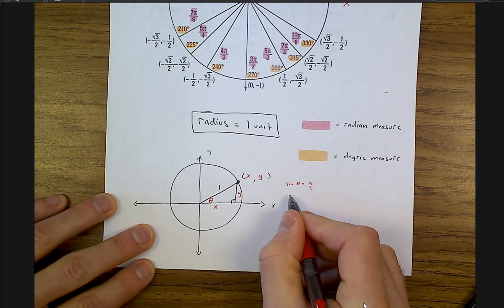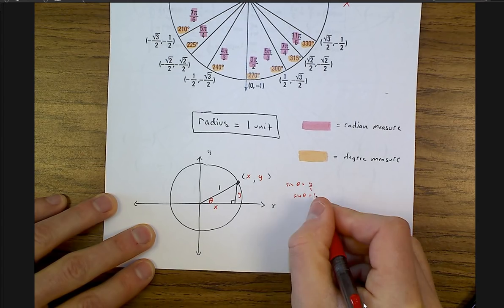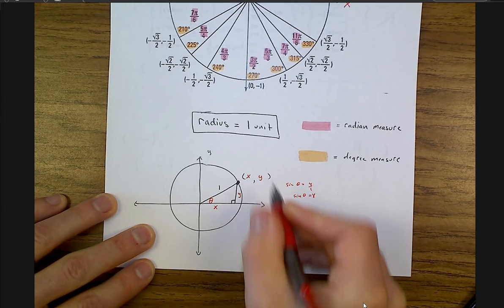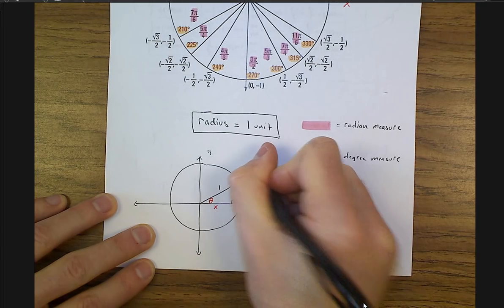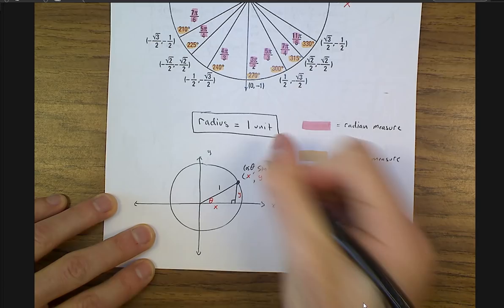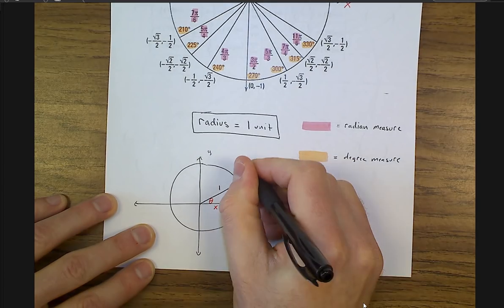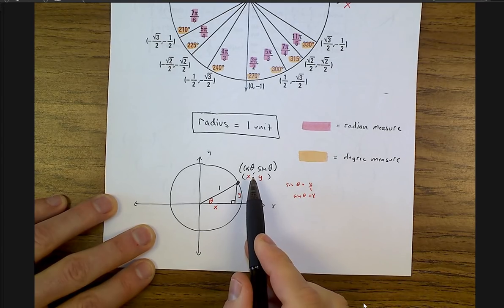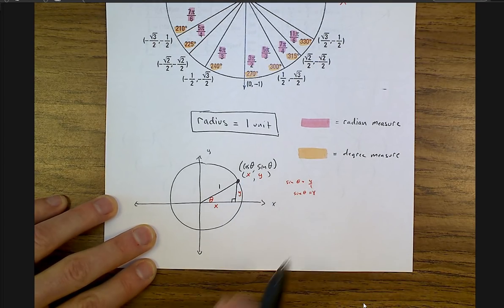So what does that mean? That means sine of theta equals y, which means y is sine theta and x is cos theta, because your x value would be adjacent over hypotenuse. So we think of it as x, y, but it's also important to think of it as cos theta, sine theta. So that's important to know.